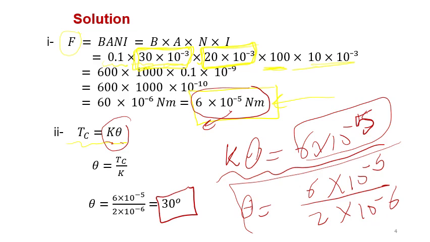The result angle is 30 degree, which means the pointer will be deflected by 30 degree. Again, this is the scale, the pointer position originally was here. When we start the operation, the pointer gets to be here. The result is this angle, which equals 30 degree.